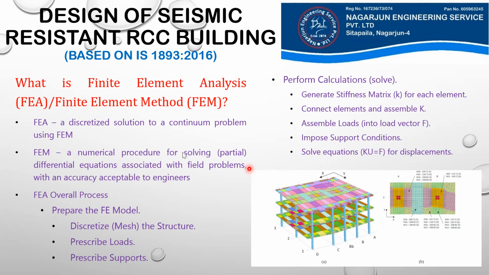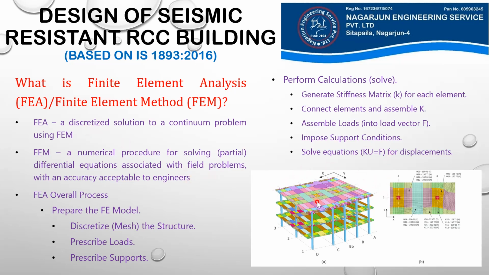So what is the main principle of finite element analysis? It is a discretized solution to a continuum problem. Continuum problem means, what is a continuum structure? The buildings, the beams, the columns, the slabs, these are the continuum structure. Continuum structure is a real structure, and we break down, we discretize that structure into different small elements.